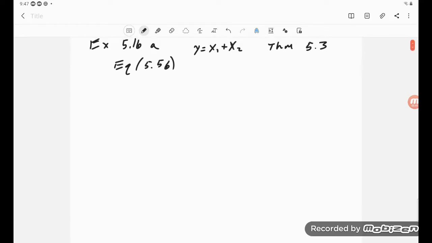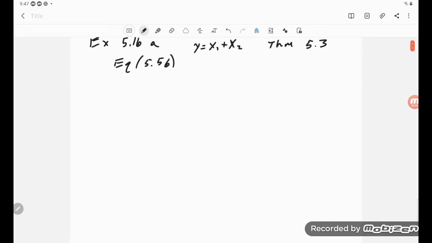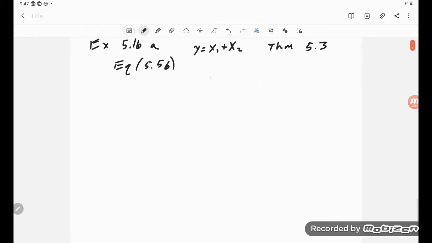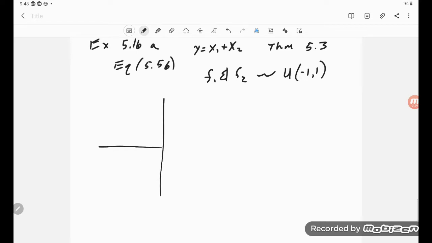Again, remember, you need to get your bounds, and in this case we have identically distributed uniform variables. So f1 and f2 are both distributed uniform on -1 to 1, so their value is 1/2, and the variables go between -1 and 1.